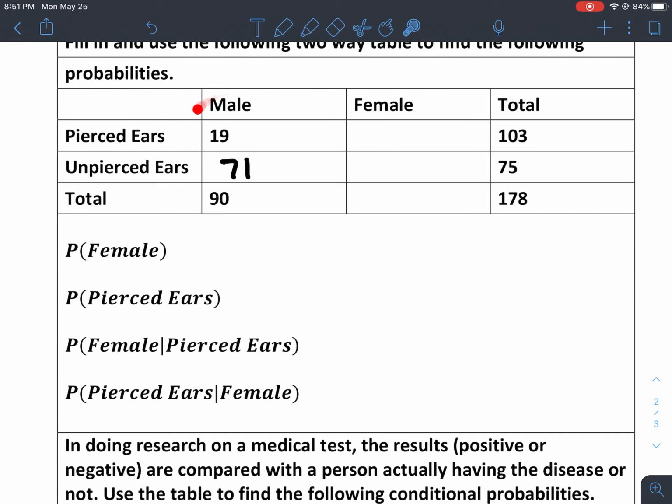But in this two-way table, we have male and female people, and so our assumption is that those who are not in this category in the survey would be in this category. So if there are 19 males with pierced ears, there would be 84 females. And if there are 71 males with unpierced ears, there would be 4 females with pierced ears. And then that means there are 88 total females.